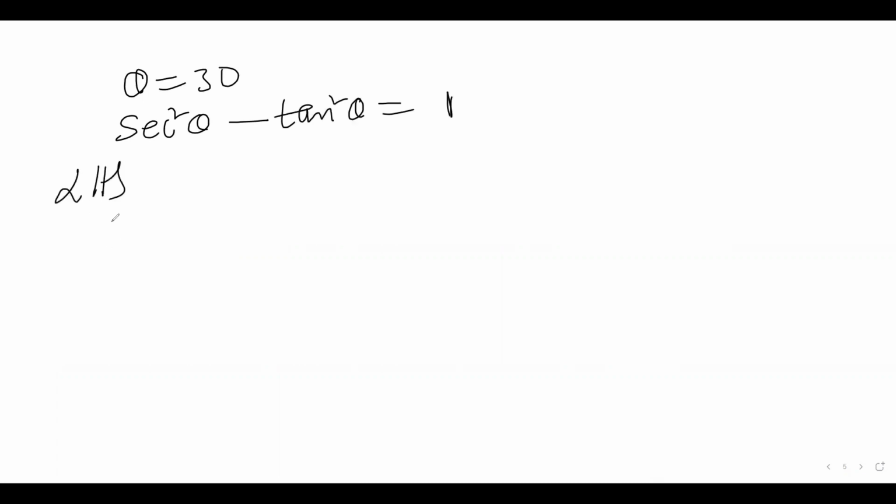So let us take some angle and prove it. Theta is equal to 30 degrees. Identity is secant square theta minus tan square theta is equal to 1. Let us take LHS, secant square 30 minus tan square 30. What is secant 30?